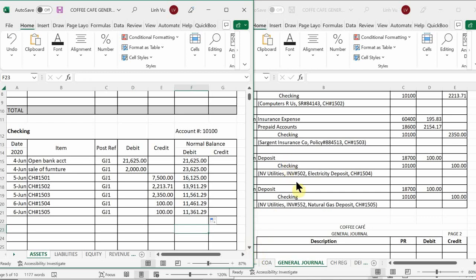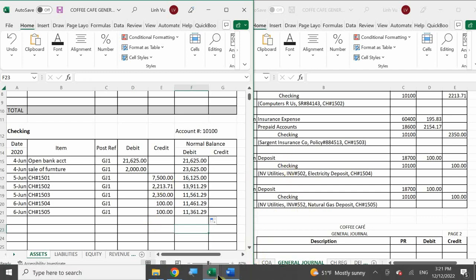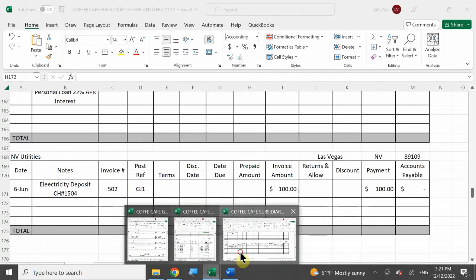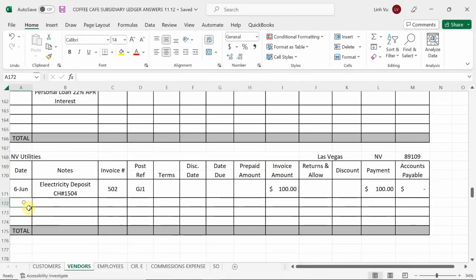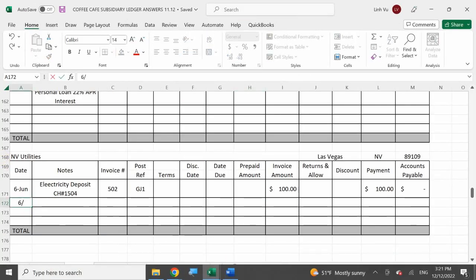So now that I'm done with my journal, I posted to my ledger, I also need to update that if my gas isn't turning on, the heater's not working, then I can go ahead and reissue that with Mr. NV Utilities to dispute what is going on.